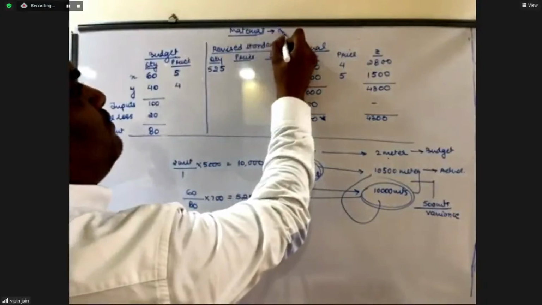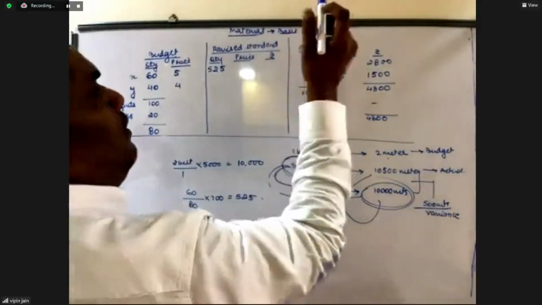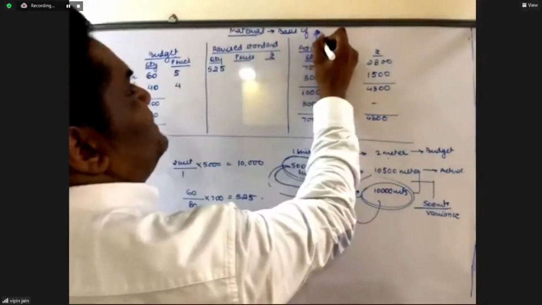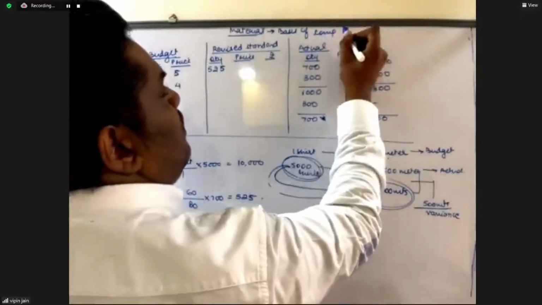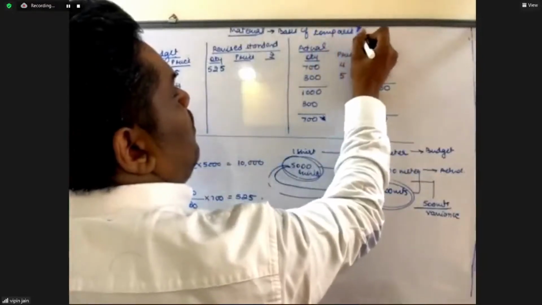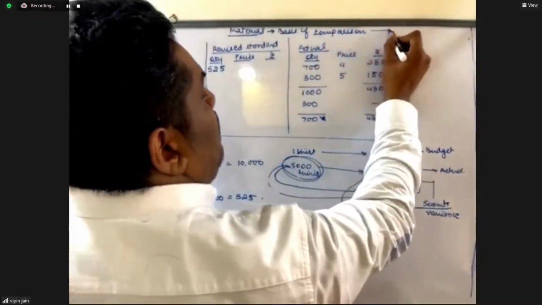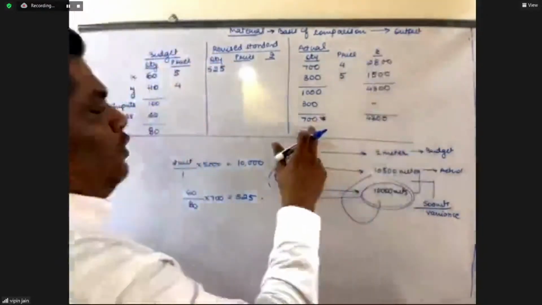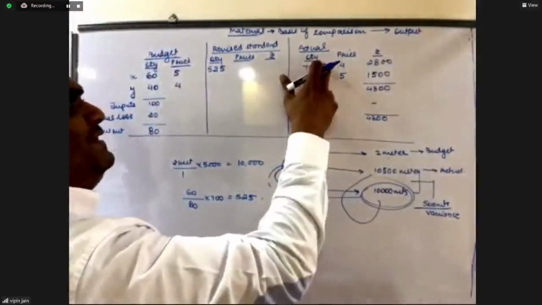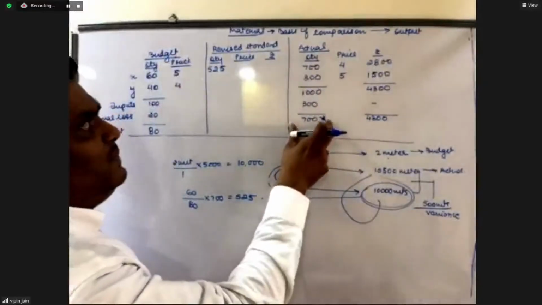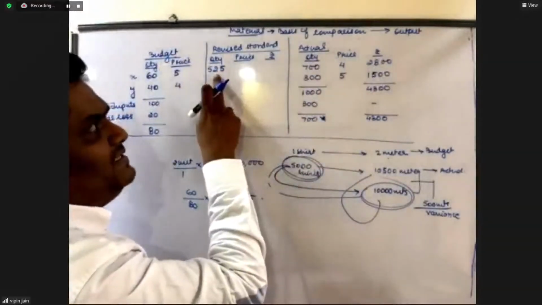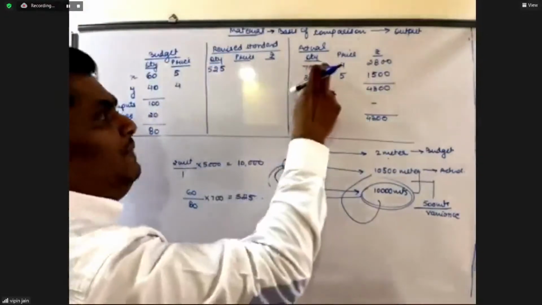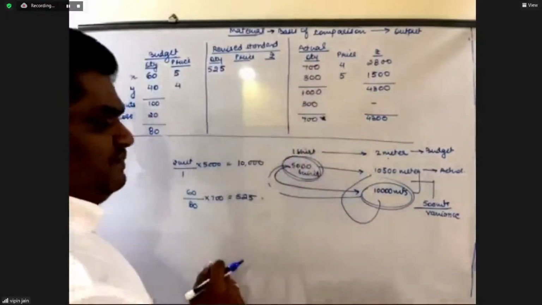Output. Again, I'm talking about this 700, not this 700. 700 units बनाने के लिए 525 kgs use करना चाहिए था, हमने 700 use किया.